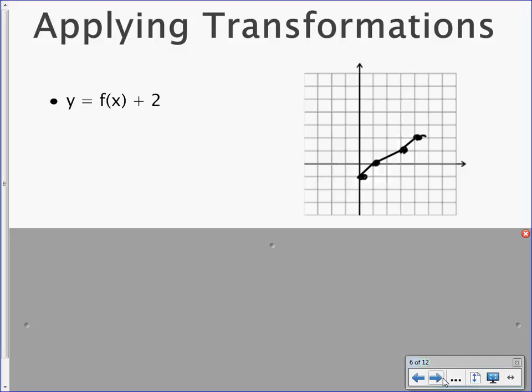It's on the outside of our function, so it's going to affect it vertically. If it was to the left, where would that plus 2 be? It would be on the inside. Okay. Very good. So we're going to take all of these coordinates and shift them up 2. And there's our new graph.